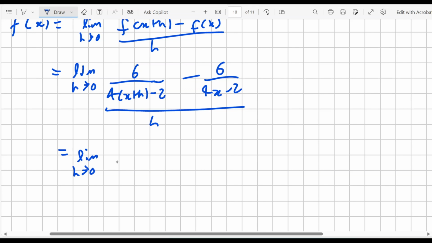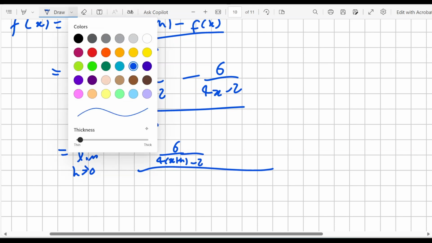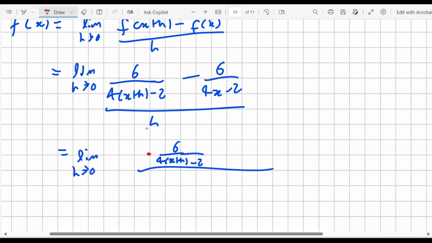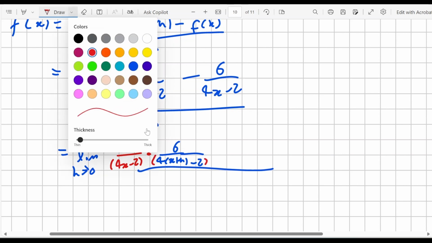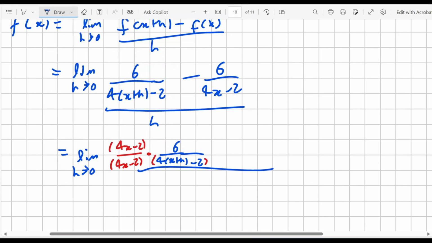Now, what we need to do is cross multiply. So I might actually do this on a whole new line. 6 over 4 lots of x plus h, take 2, is there. We're timesing this one by 4x take 2 over 4x take 2, and then we're timesing the right one by 4x plus h take 2.